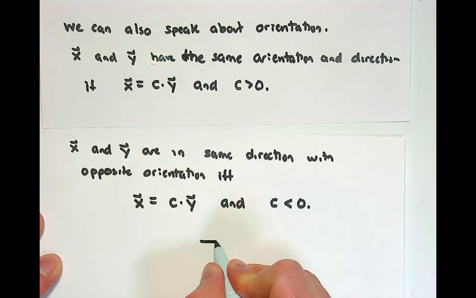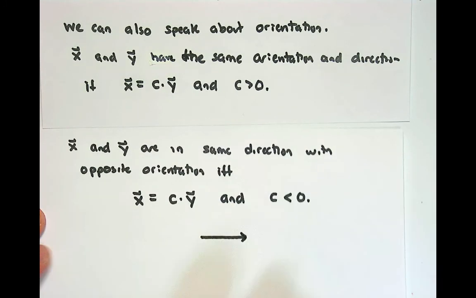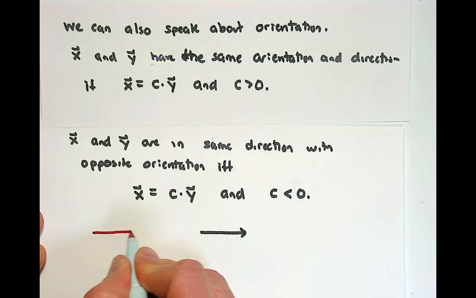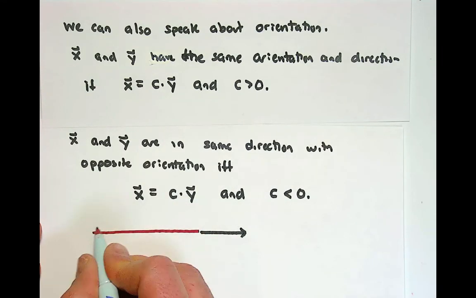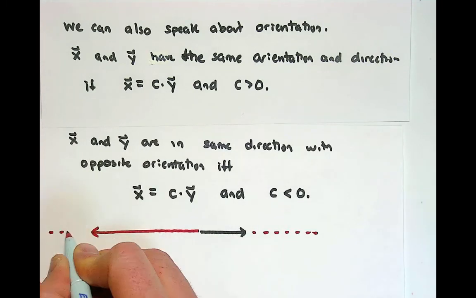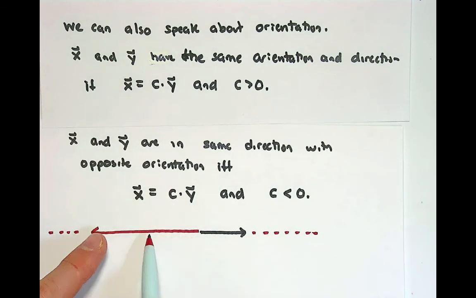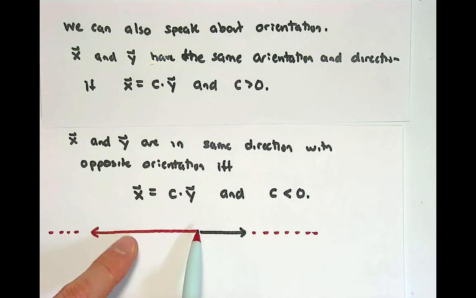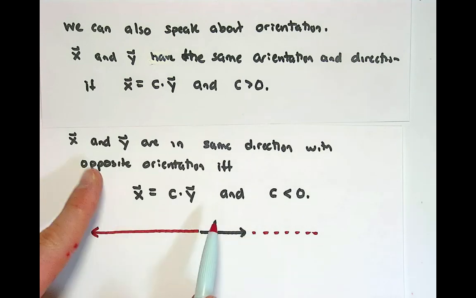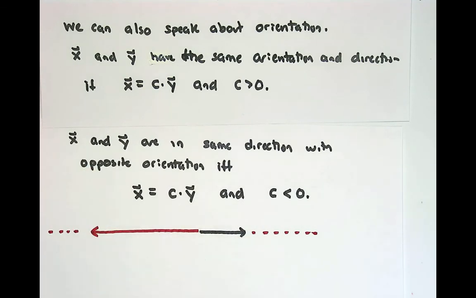So think about this. You have this vector x going in this direction. You have another vector y in the same direction. It's on the same line. They're collinear. But to get from one to the other, you have to multiply the first one by a scalar, which is negative. So these are oppositely oriented.